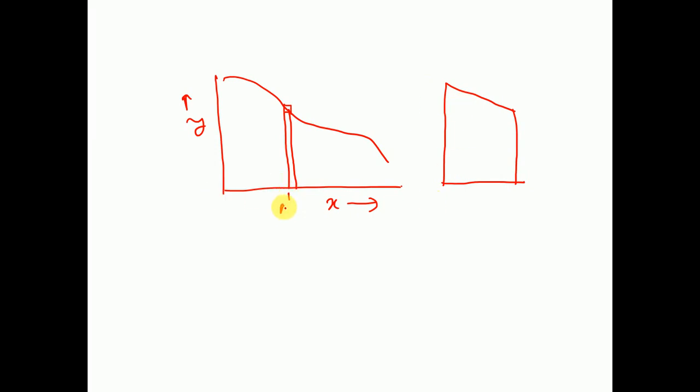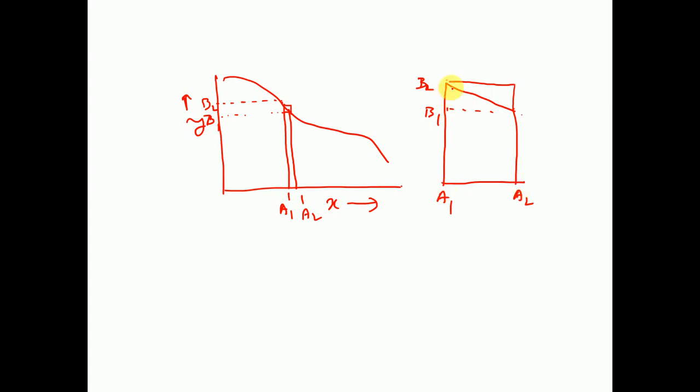If this point is A1, this point is A2, this point is B1 and this point is B2, then it will be the average of the two rectangles, B2 A1 A2 and B1 A1 A2.